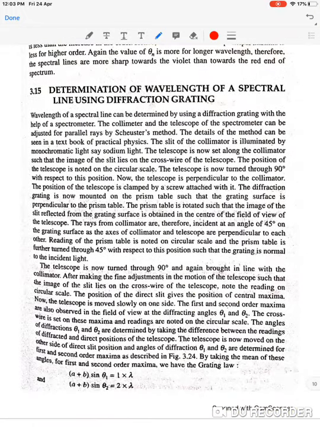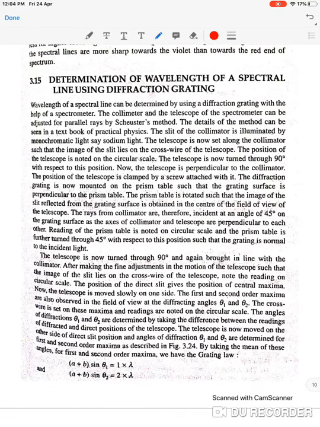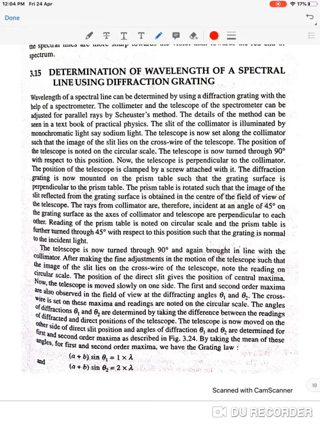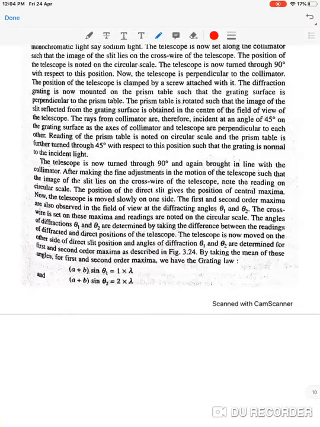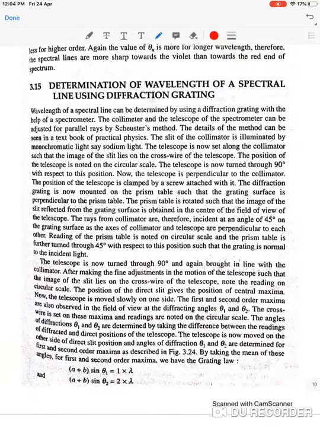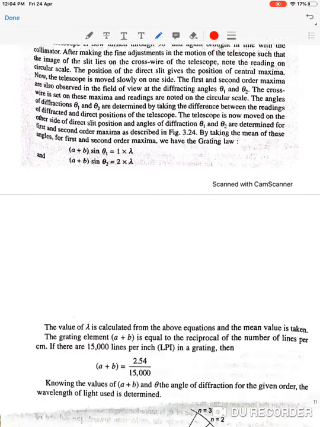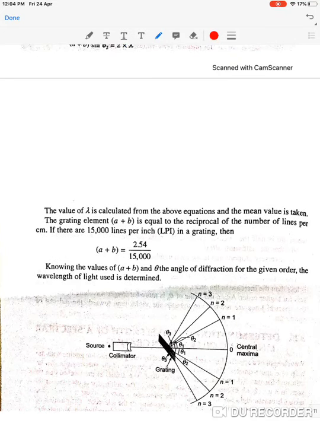Now the next important thing is the determination of the wavelength of a spectral line using a diffraction grating, and you did this particular setup in the experimental lab as well. We understood this already, and you can try and study this one, because in the experimental arrangement we found the wavelength of sodium light using this plane diffraction grating.